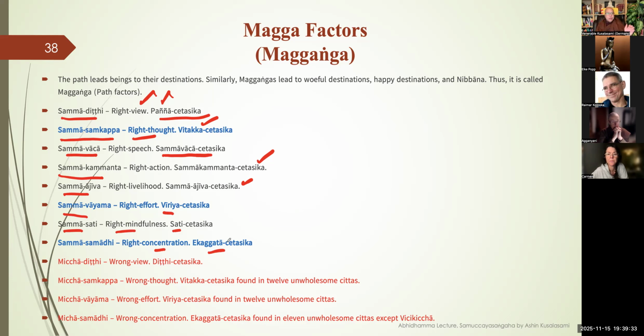So those are the eight path factors that can lead beings to happy destinations and Nibbana.